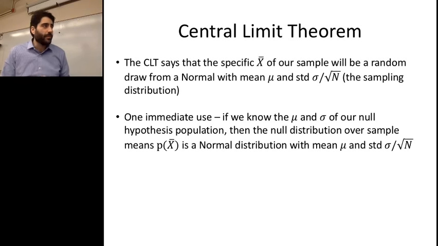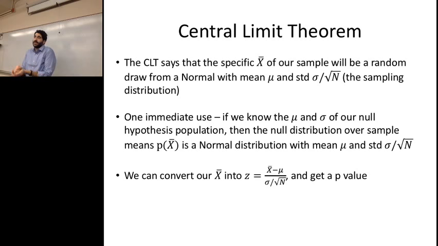If we know the mean and standard deviation of our null distribution, and these are assumptions we're making, then we can write down what the distribution of sample means should be under that assumption, and compare the actual thing we got to that normally distributed sample mean distribution. So we're going to take what we actually got, which is x bar, our actual data, and compare it to this normal distribution.